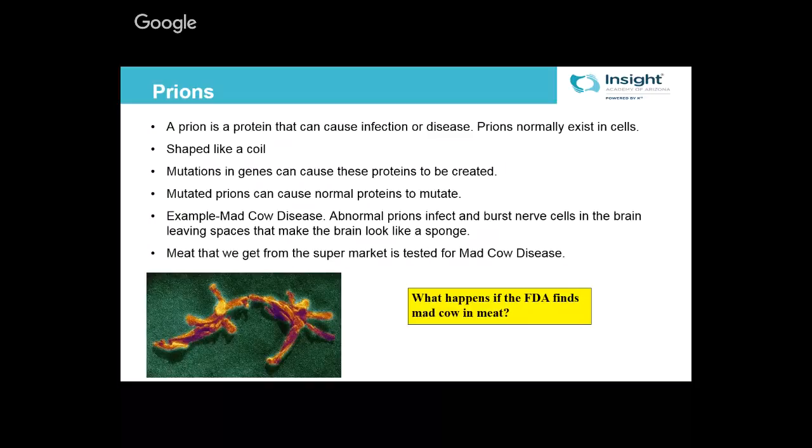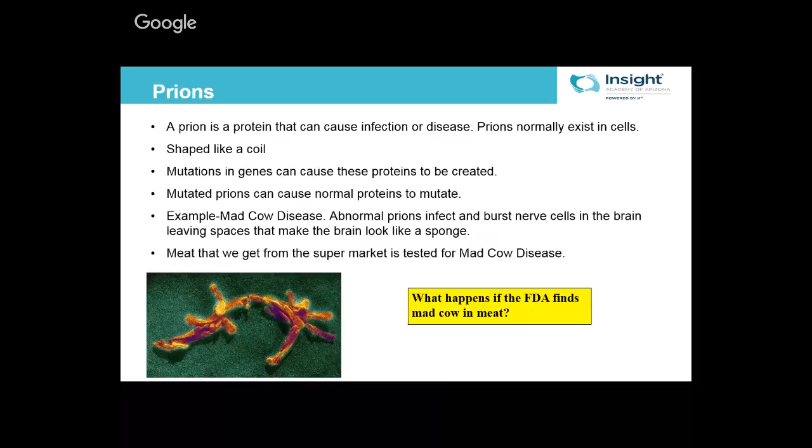And an example of a disease that's caused by prions is mad cow disease. So abnormal prions infect and burst nerve cells in the brain, leaving spaces that make the brain look like a sponge. And we saw this occur in England.